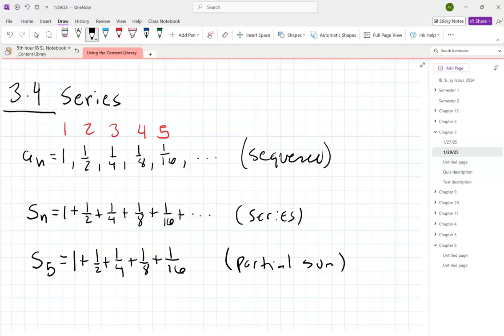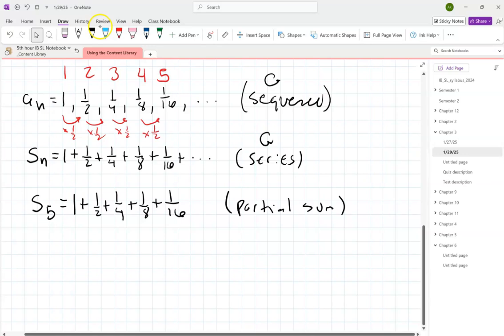So this down here would be a geometric series because it's built on a geometric sequence, because to go from one term to the next, we multiply by 1/2. Does that feel okay? Okay.